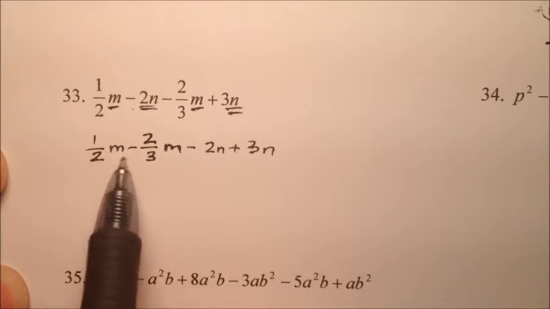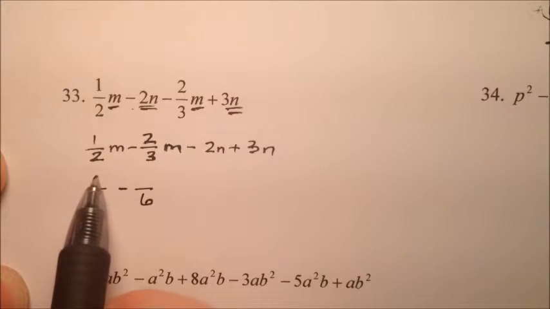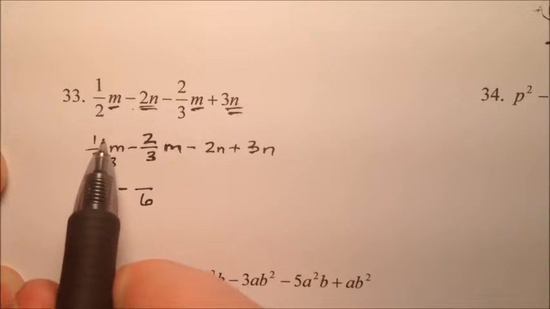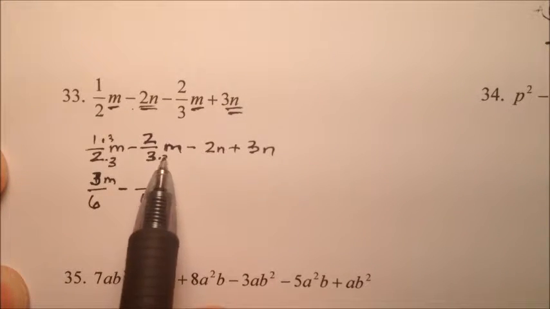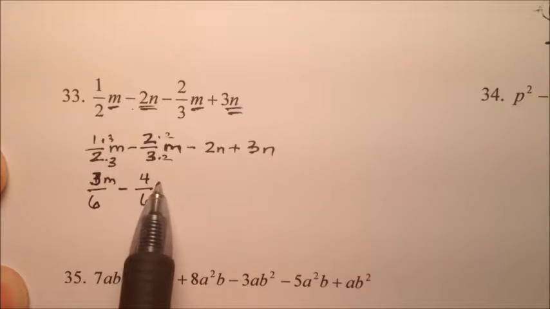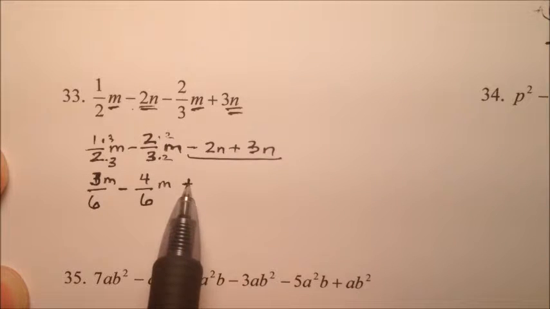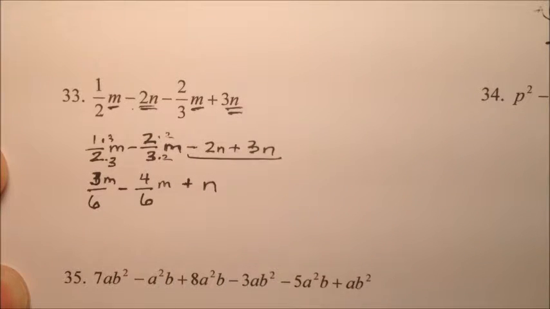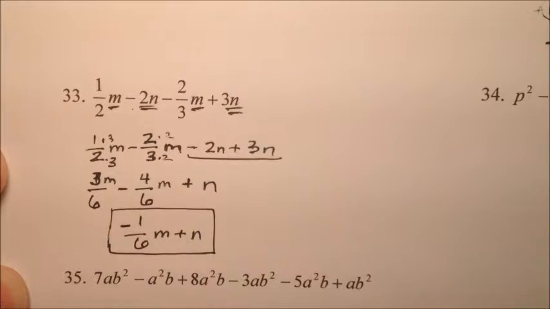And now my 2 and my 3 will get like denominators of 6, so it's 1 times 3 and 2 times 3 makes this a 3m, and then 2 times 2 and 3 times 2 will give me a 4m. And then I can go ahead and put these together. Negative 2 plus 3 is 1n, so I can just say plus n. So 3 minus 4 is negative 1/6 m plus the n we had from a while ago. So the final value for 33 is negative 1/6 m plus n.